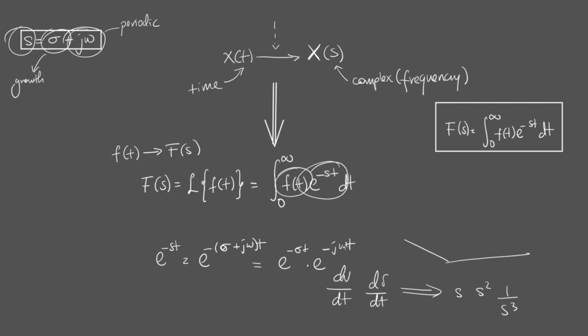Are we cool? I really hope we're following. This j omega t is the Euler expression for sinusoids, for cosine, for sine. If you want to express periodic functions as sine omega t or cos omega t exponentially, this is how it's going to be expressed. So we know that this part of the complex number s is for the periodic nature of it.